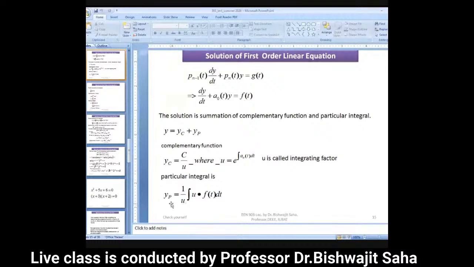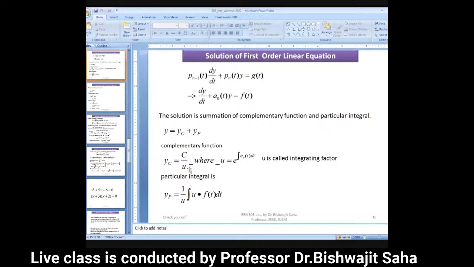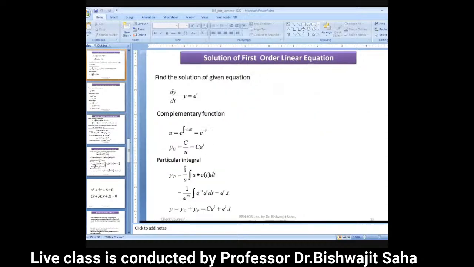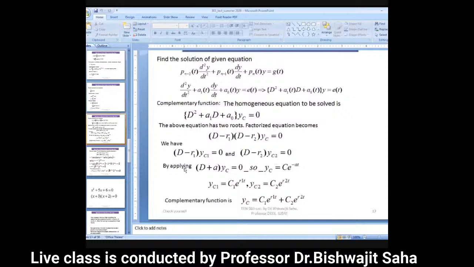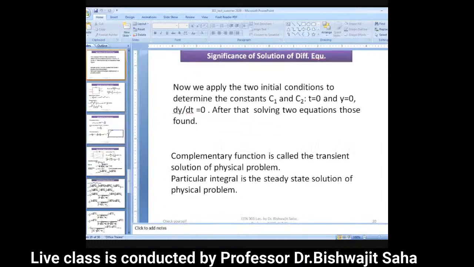And in the particular integral also, you can see from here, this is the general equation. Whatever the equation value given, it does not matter. If you follow this formula, you can find the solution. So for the complementary function, remember this formula, and let's move to the problem.